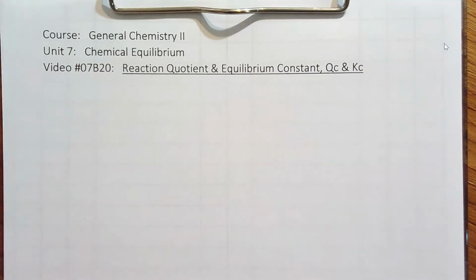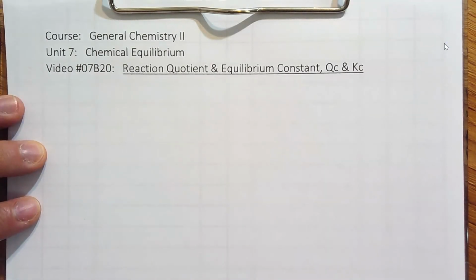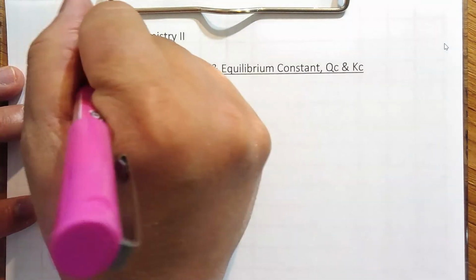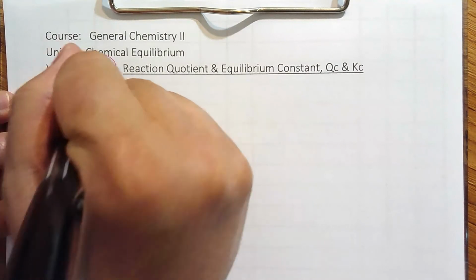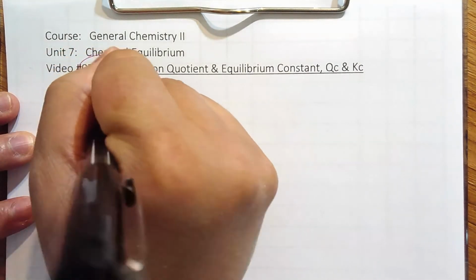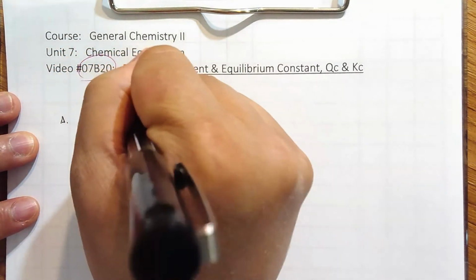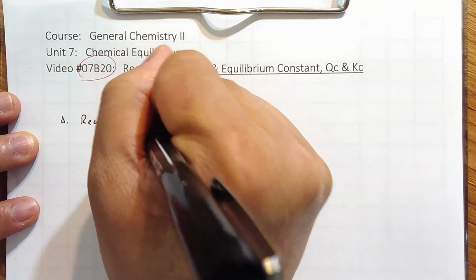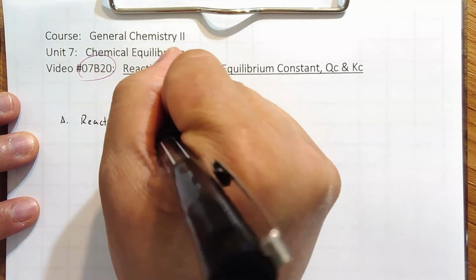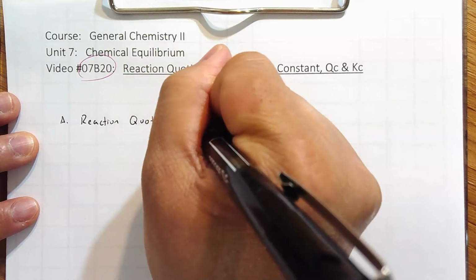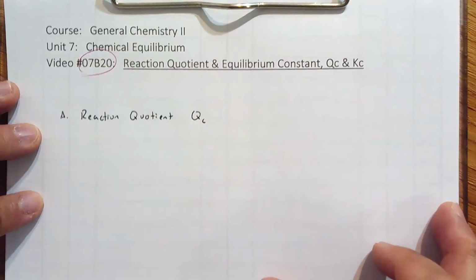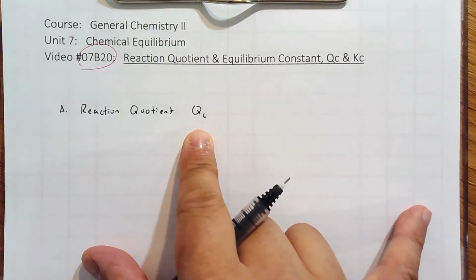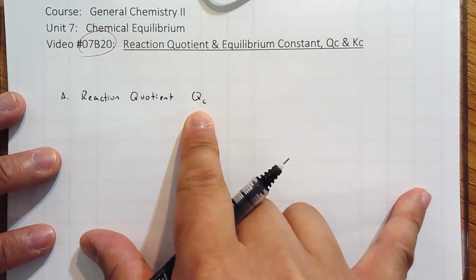The first quantity I want to discuss is this reaction quotient, and that's indicated by the letter Q. But it's going to be based off of concentration, so many times people put a subscript C.